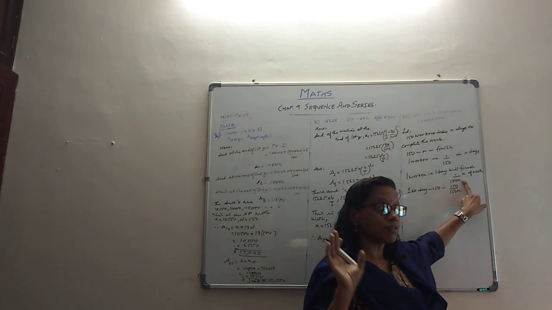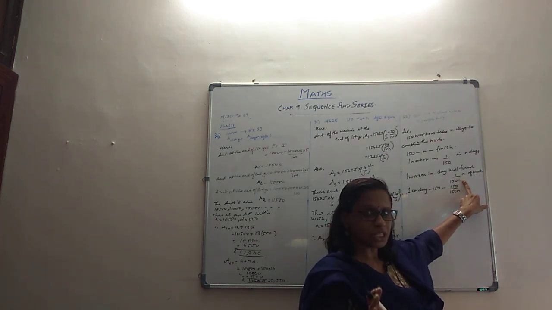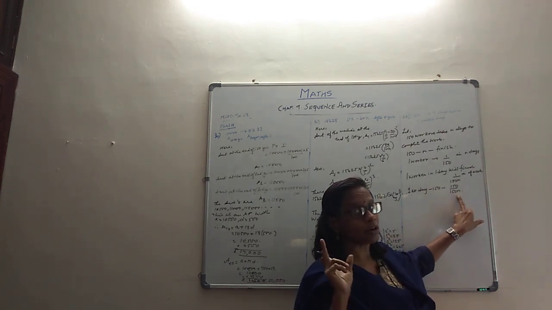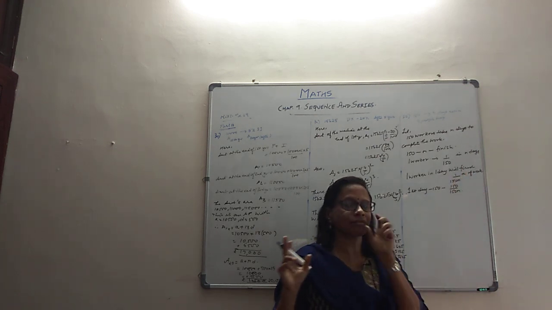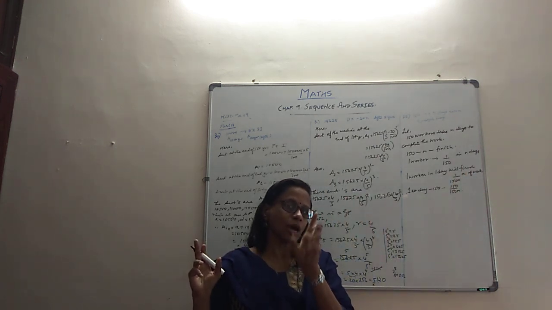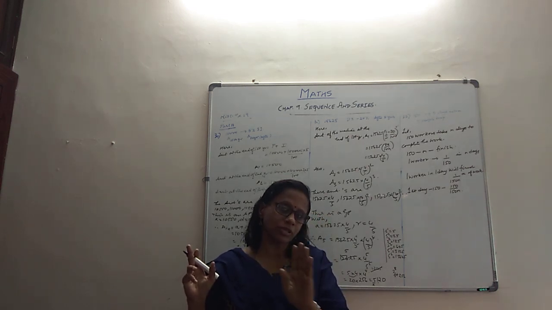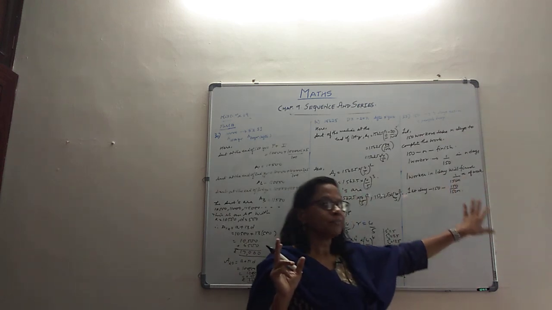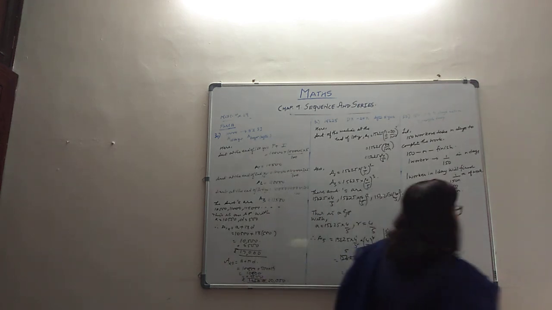On the first day, there were 150 people, so one person's share into 150 will be the amount of work they complete on the first day. This has to get inside your head. Since there were 150 people on the first day, they have completed 150 into 1 by 150n work. So this is the amount of work that got completed on the first day. Then the second day and so on.